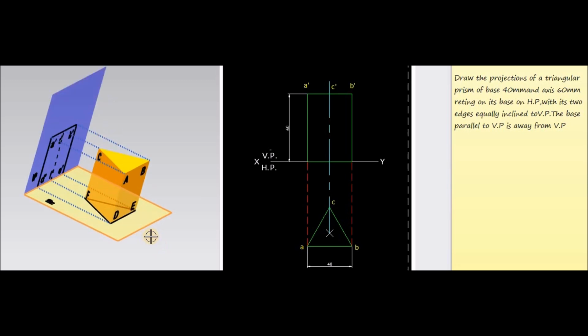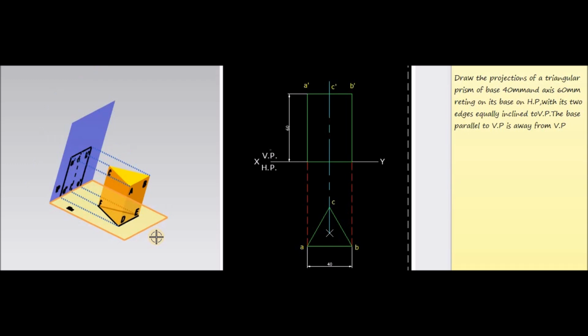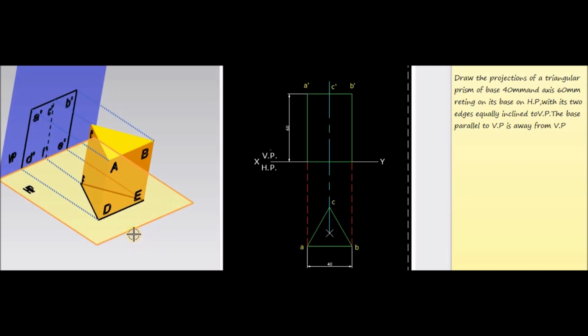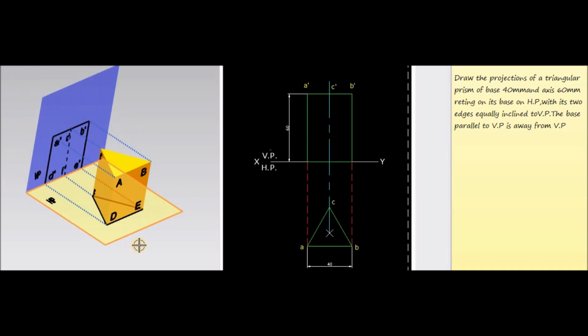And in the question it is given that the base of the triangular prism is 40 mm. That means we have to consider the distance DE, EF or FD as 40 mm. And it is given that the triangular prism, with the base DEF, is resting on HP.